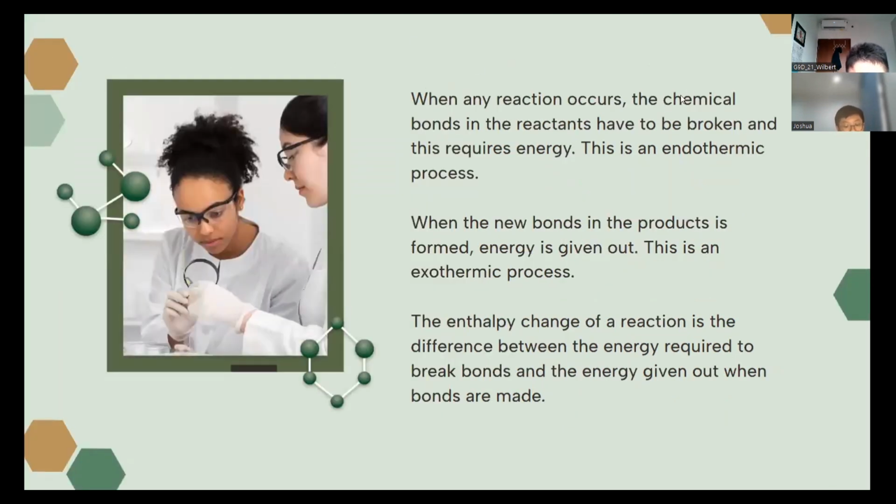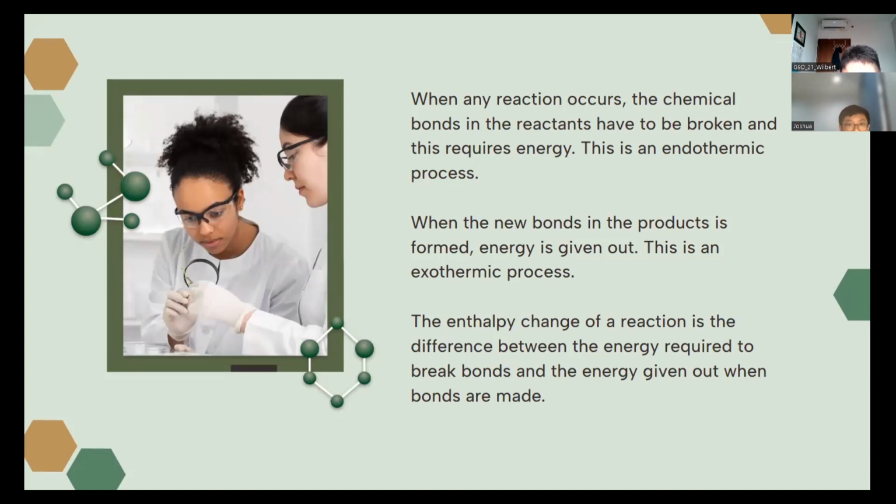When any reaction occurs, the chemical bonds in the reactants have to be broken, and this requires energy, and this is an endothermic process. When the new bonds in the products are formed, energy is given out, and this is an exothermic process.